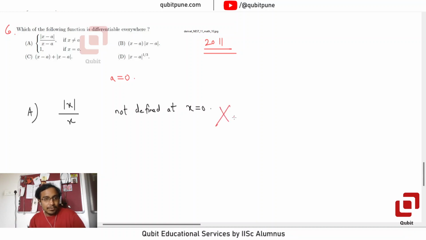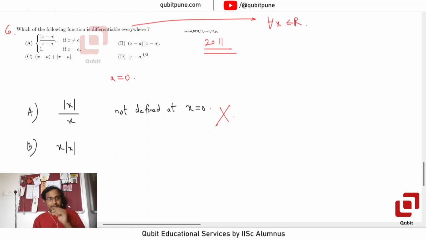Let's go to B. It is x into mod x, right? What is C? x plus mod x. Now look, x plus mod x is not differentiable at 0, so C is also not right. So A gone, C gone.